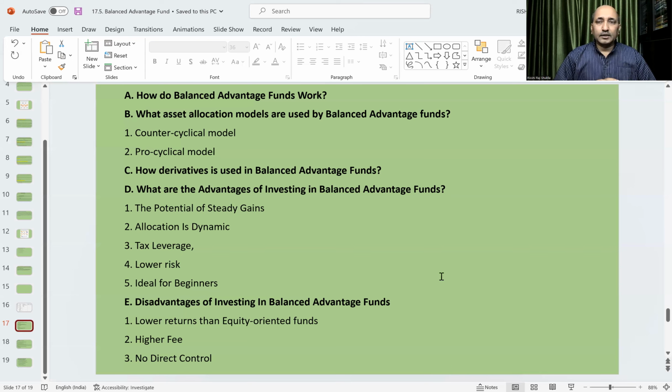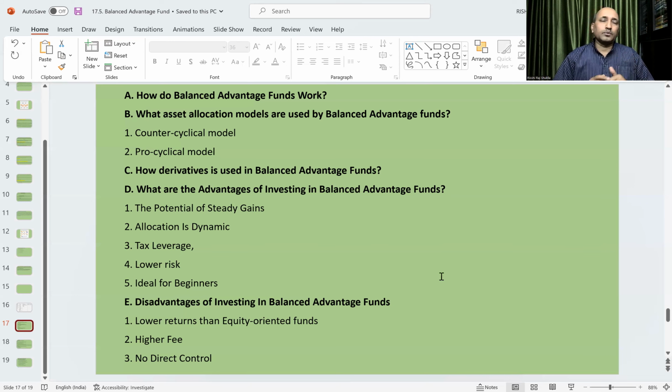If the market is too high, then the fund manager reduces allocation there and shifts to debt fund, so that if the market falls, there is not so much reduction in the portfolio, and debt provides the necessary cushion, necessary protection.